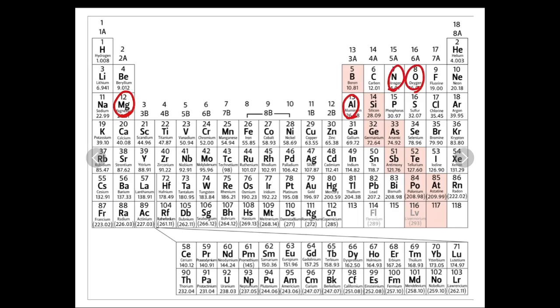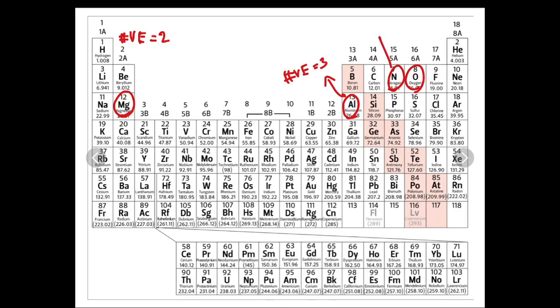We will see that those are main group elements, and each of those is located in a different group. For example, magnesium is in group 2. Group 2 indicates that magnesium should have a number of valence electrons equal to 2. Okay. Group 3 indicates that aluminum would have its valence electrons equal to 3.